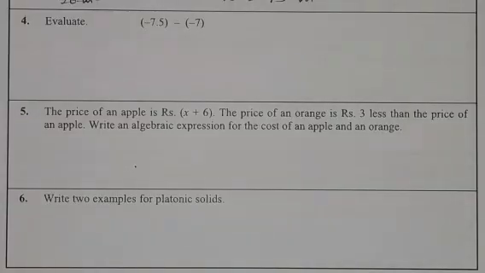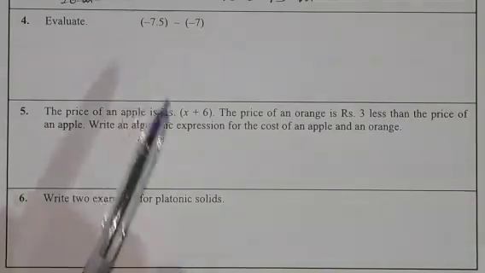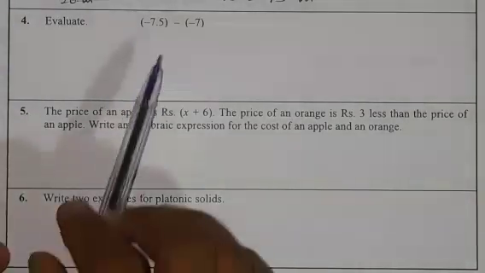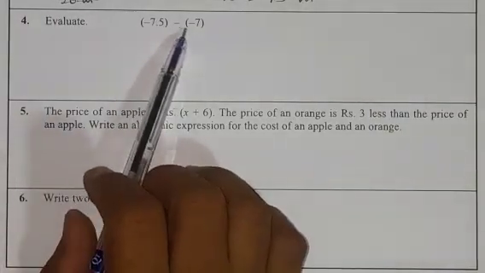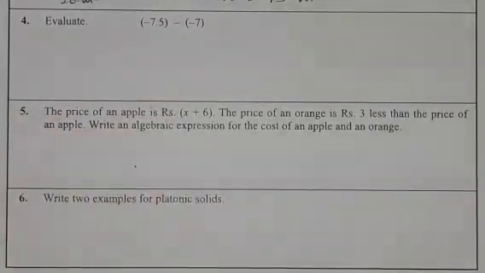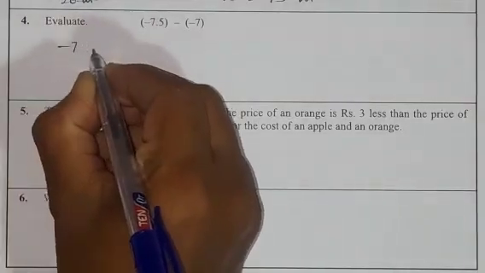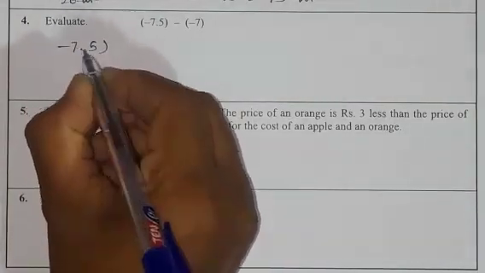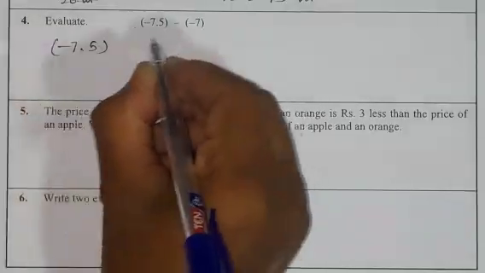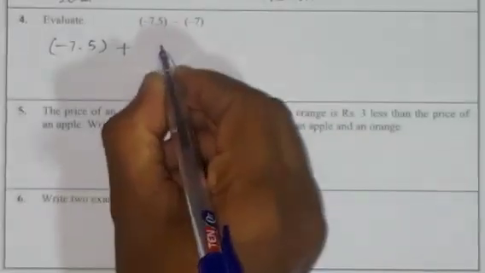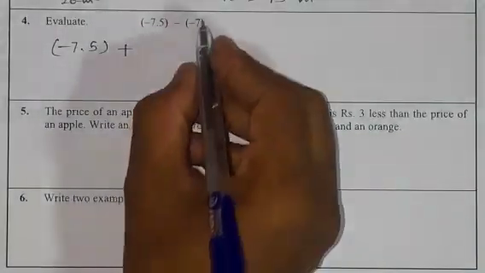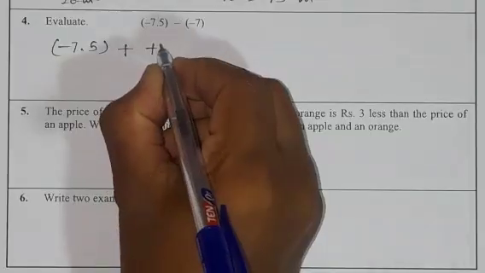Question number 4, evaluate. To convert this subtraction into addition, we take the additive inverse of the second directed number, minus 7.5 plus. What is the additive inverse of this? Plus 7.